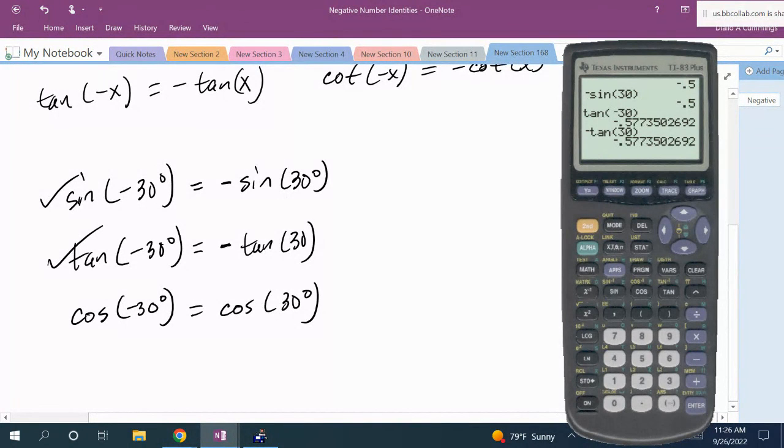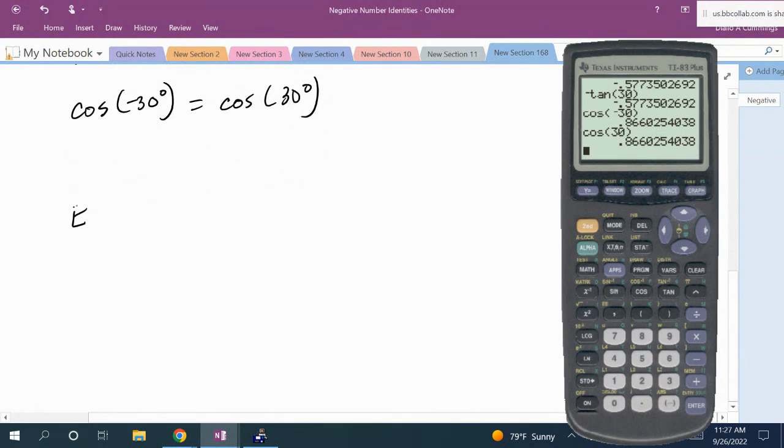All right, so let's check that out in the calculator. So we have the cosine of negative 30 degrees is 0.86. Should be the same thing as the cosine of positive 30 degrees. All right, and these are called the negative number identities.